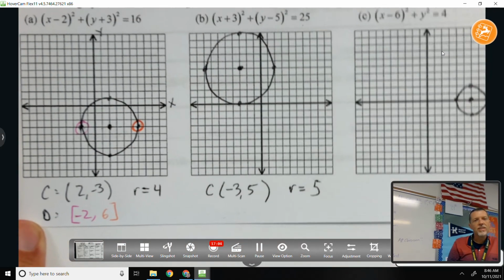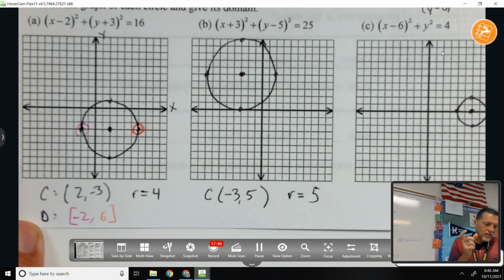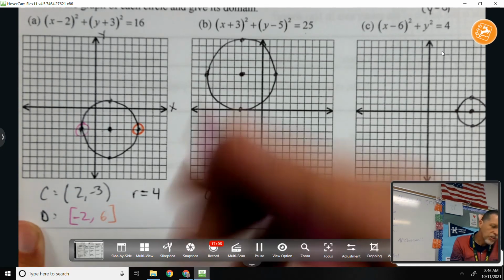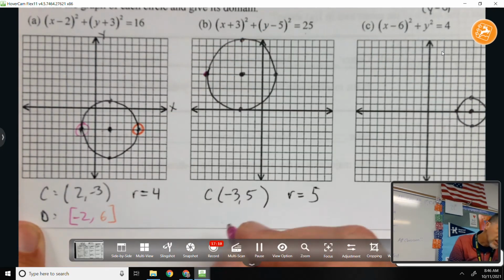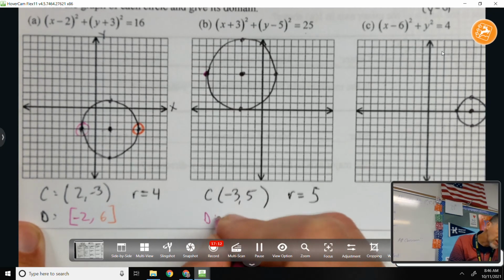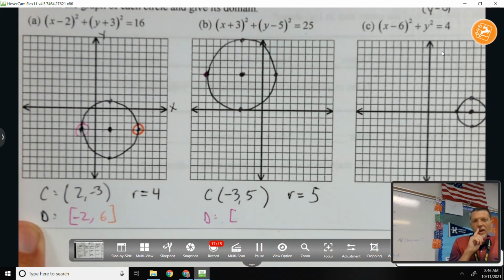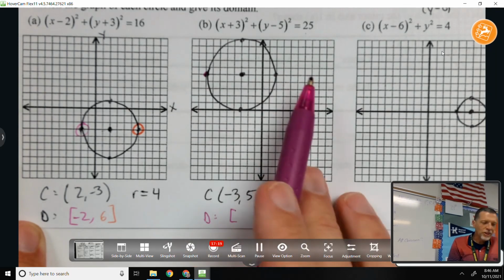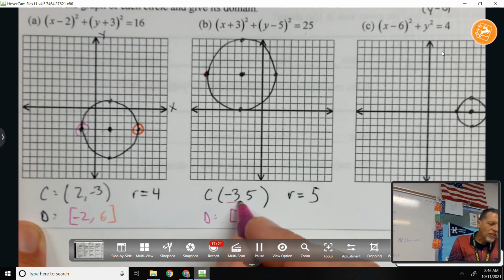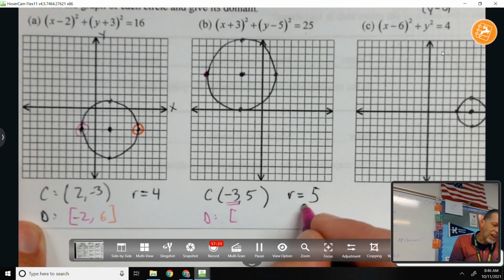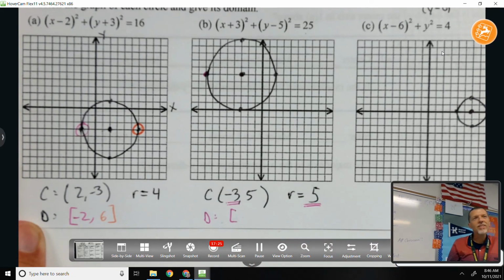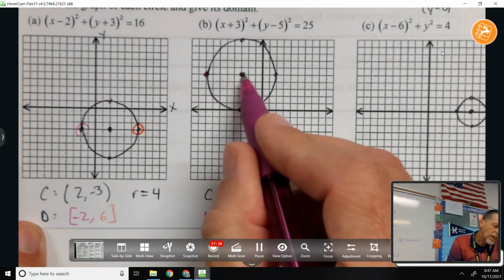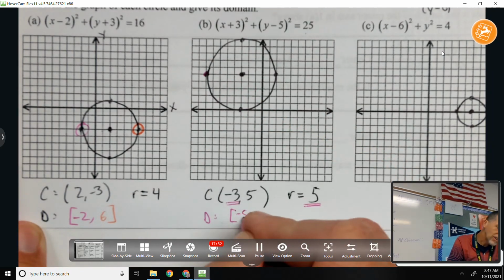Definitely not infinity. These are all bounded, restricted. Maybe I should just write this. Yeah, there's sort of a shortcut. Most of you are just going to look at the picture, but you can take the x value and then add and subtract the radius, and that gets you the left x and the right x. So negative 3 minus 5 goes to negative 8.